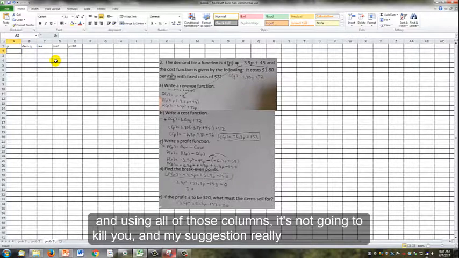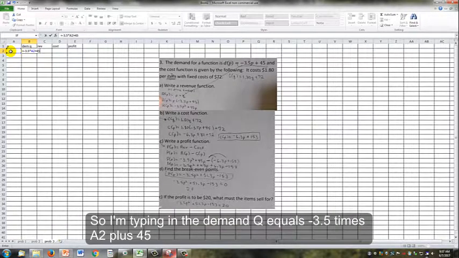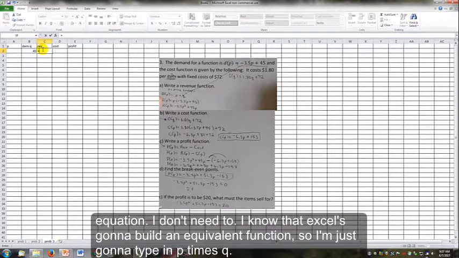And my suggestion really is to use Excel's power. So I'm typing in the demand Q equals negative 3.5 times A2 plus 45. And then revenue, honestly, I would not type in the algebraic equation. I don't need to.